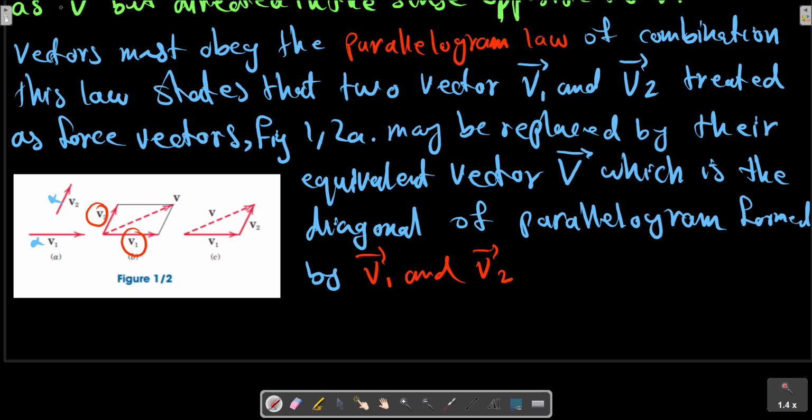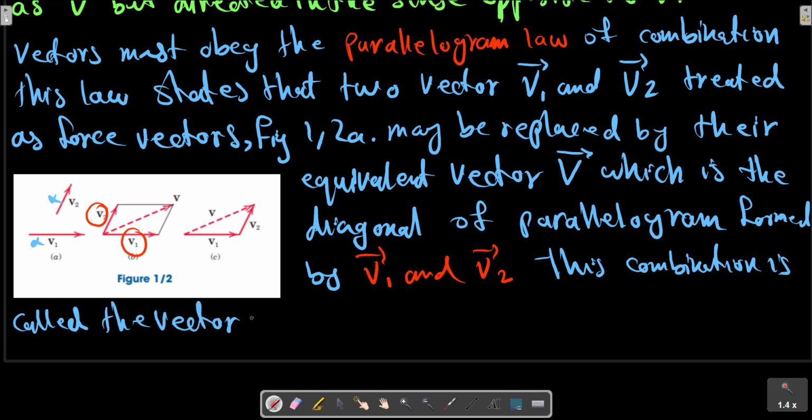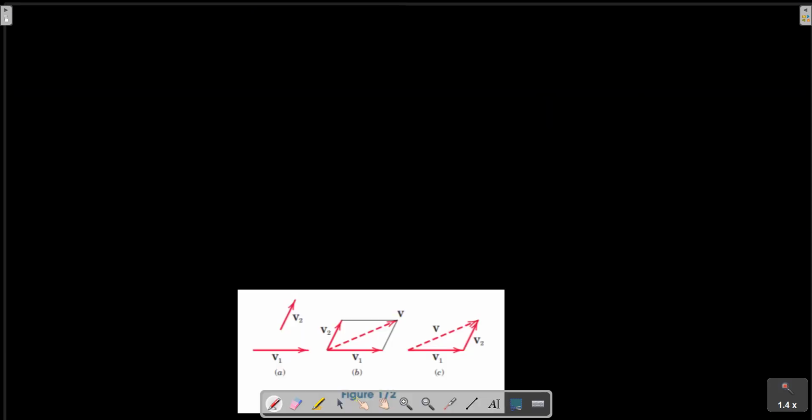This combination is called the vector sum. V equals V1 plus V2. Consider the picture here again.